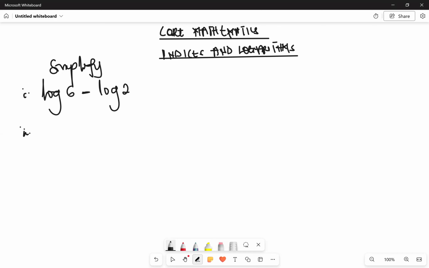For these examples, we'll just be applying the laws and some properties. After writing the question, we'll look at the properties first before tackling this.